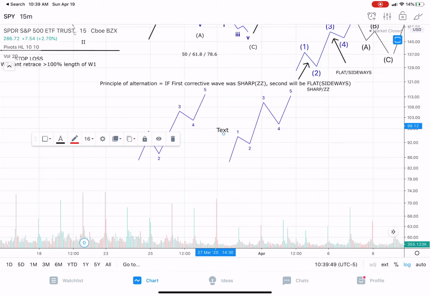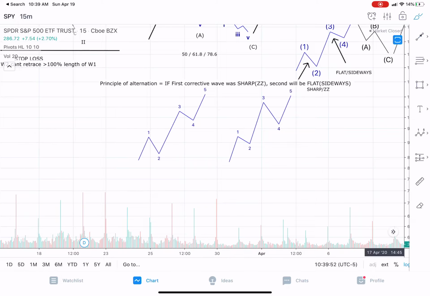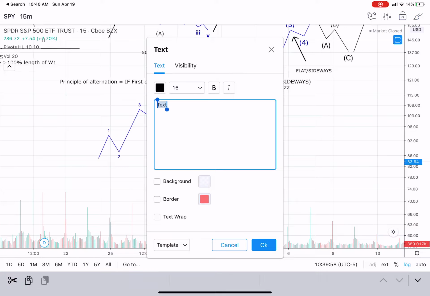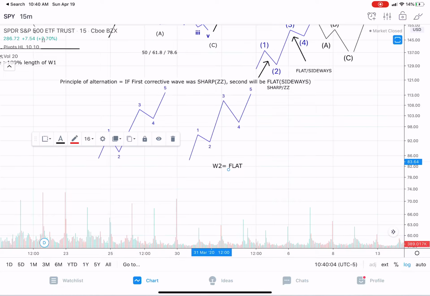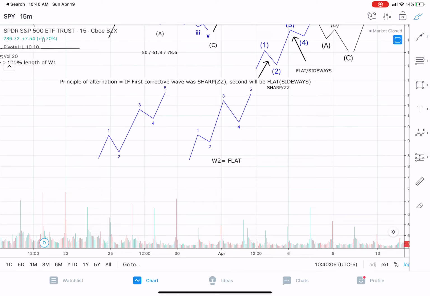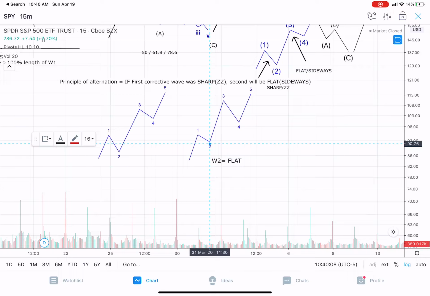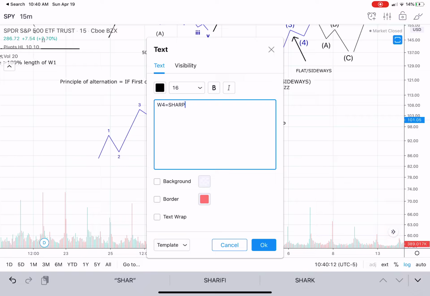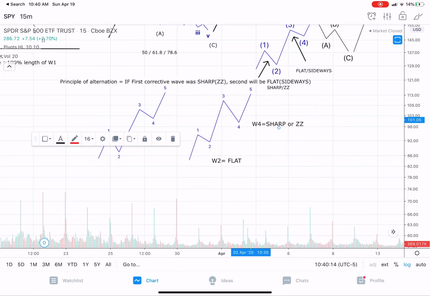In this scenario on the right side, wave 2 is a flat correction, and then wave 4 is a sharp or zigzag correction.